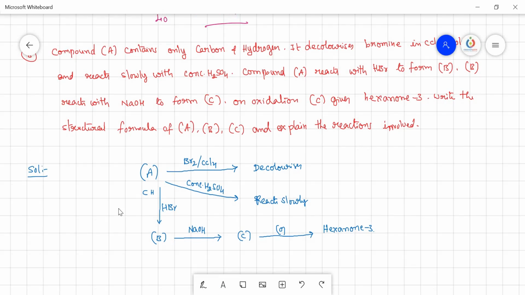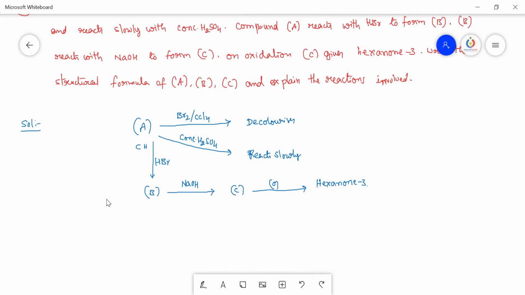So what is the structural formula of A, B, C, and explain the reactions involved, they are asking.